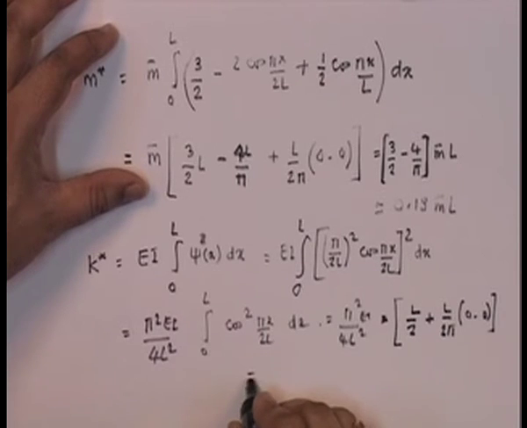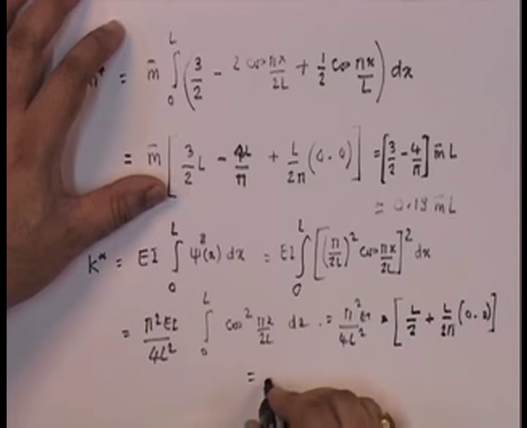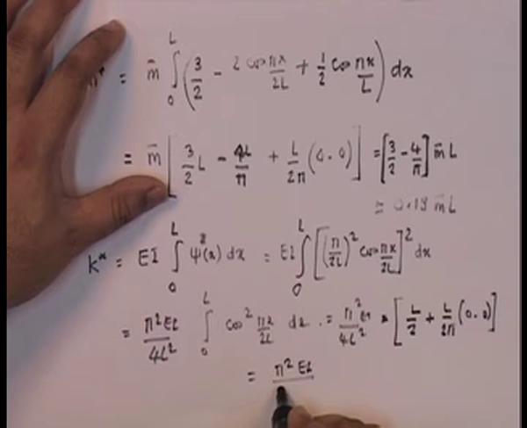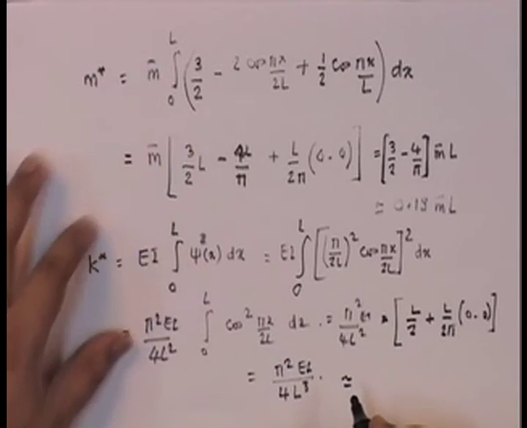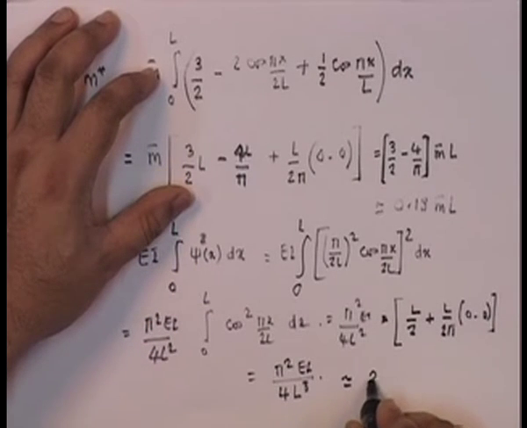So, what we ultimately get is equal to pi squared EI upon 4 L cubed, which is approximately about 2.4 or thereabouts EI upon L cubed.